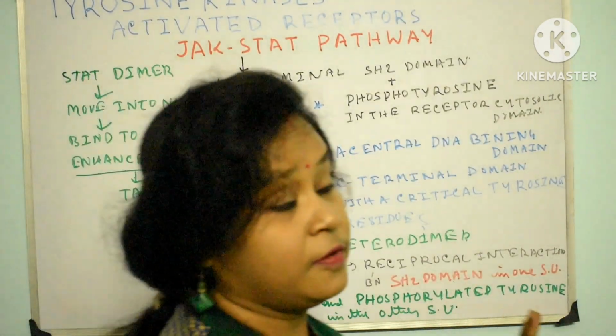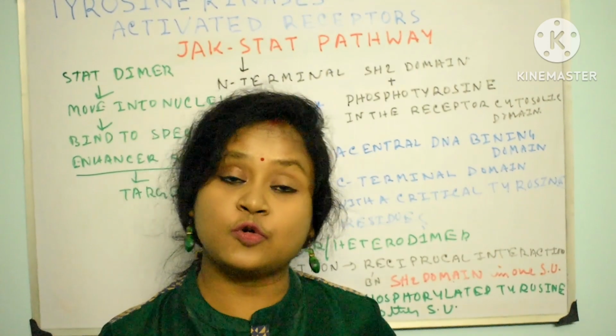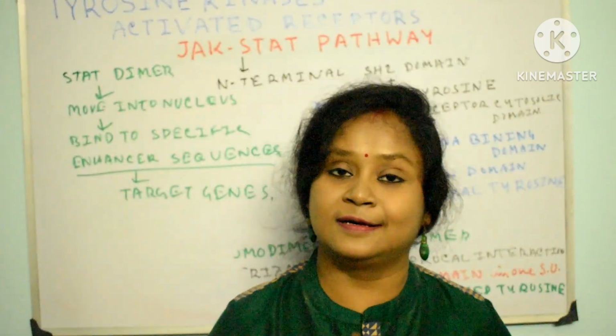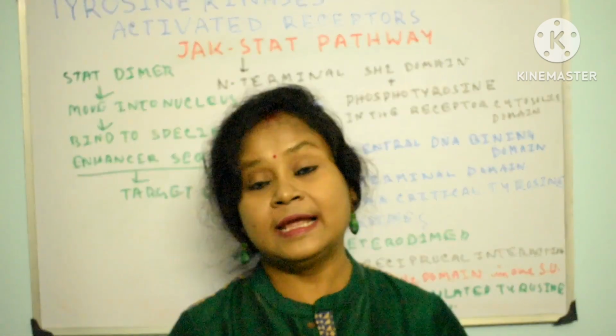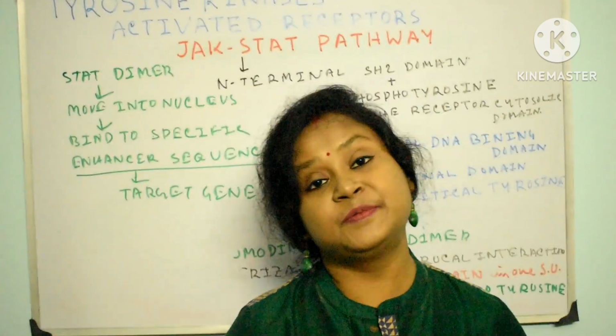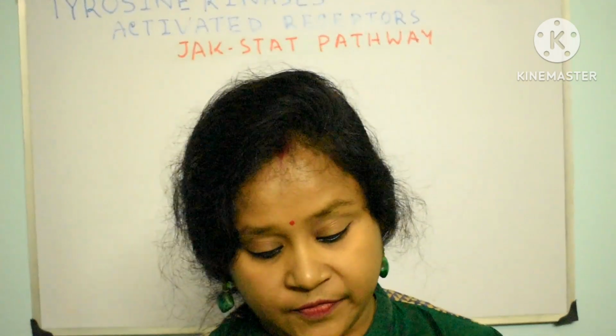And now let's concentrate on the figure. Without drawing this pathway, no pathway is completed without a figure. So let's concentrate on the Jak-Stat pathway figure. Figure description is much more necessary. Okay, now let's draw the figure.